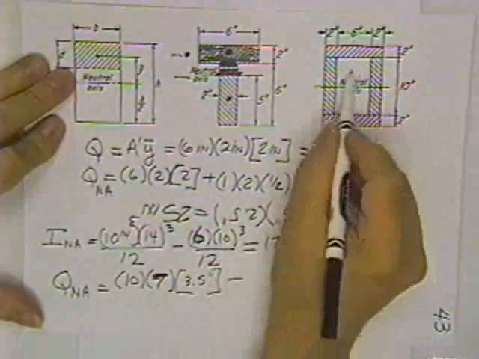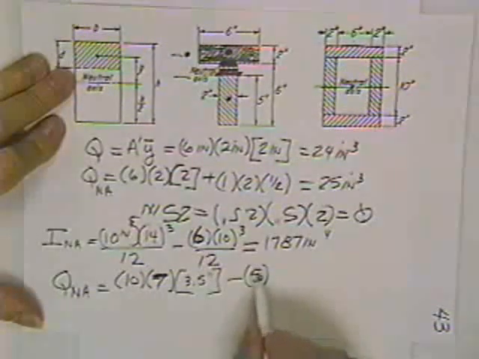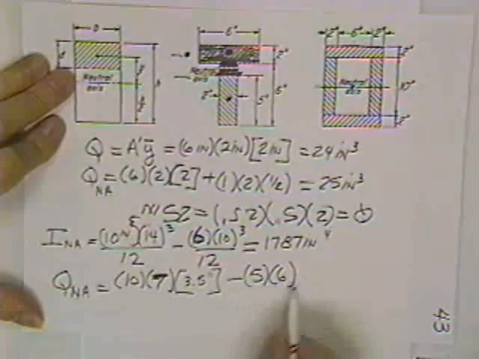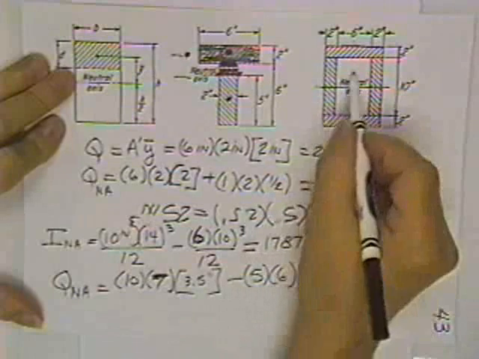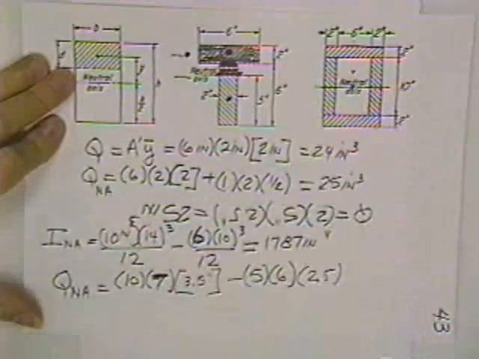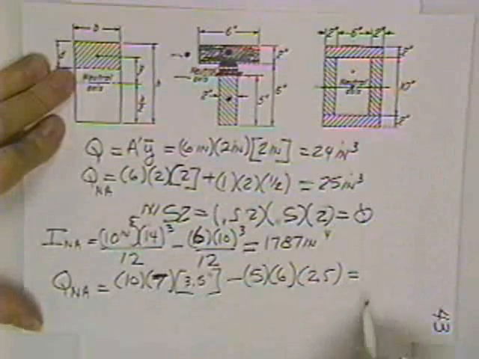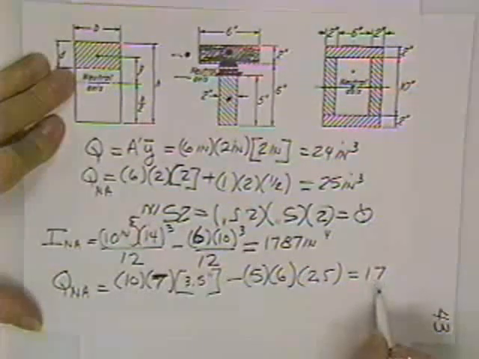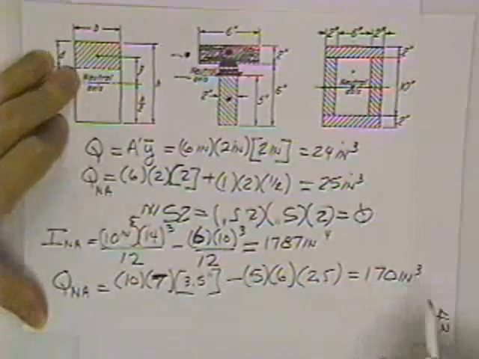But I lied. I took into account this piece, which is 5 wide, 5 deep, and 6 wide. It doesn't matter if I reverse those. Times 2.5, because his center is in the middle, halfway up a 5. His Q is 170 inches cubed.